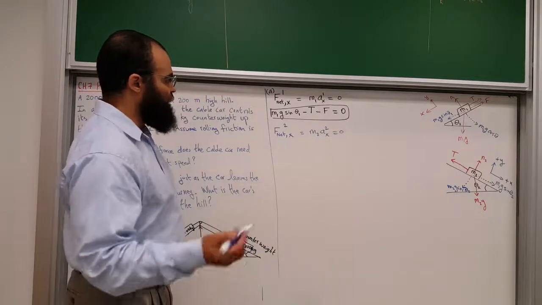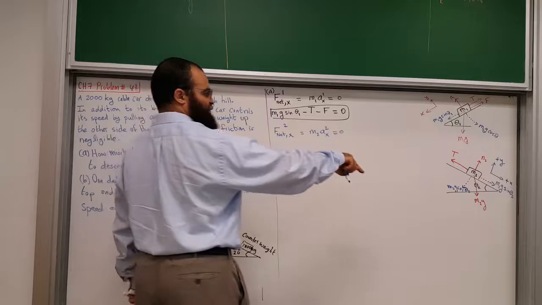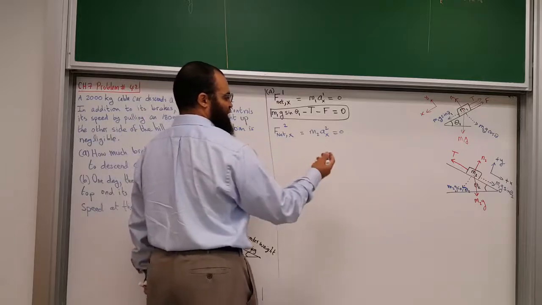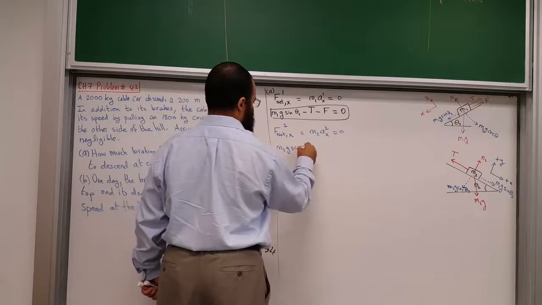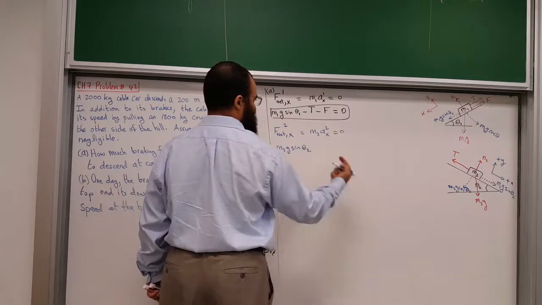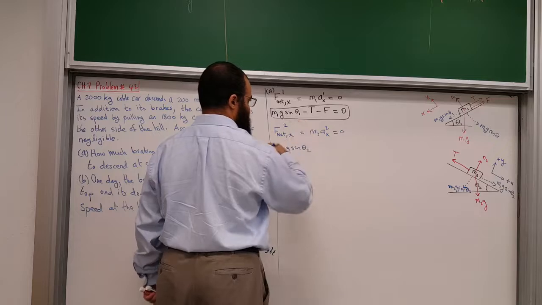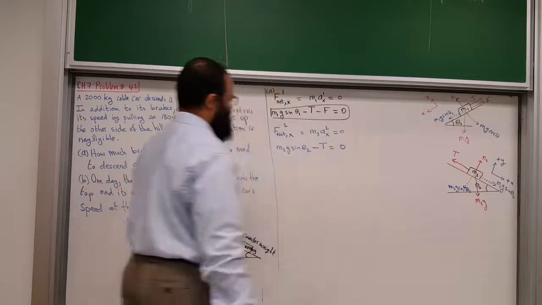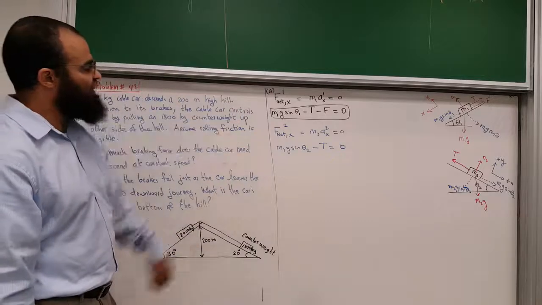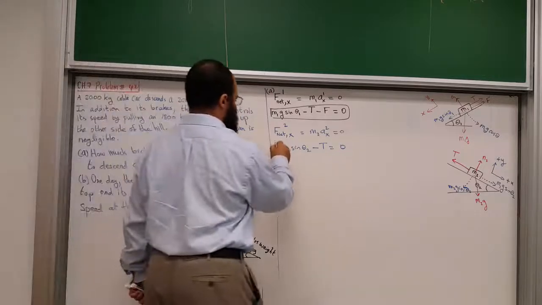Okay, so the positive x direction is down the incline, so m2g sine theta 2, that's positive. And then the tension is up the incline, but that's the opposite of the positive x direction, so that's minus T equal to 0. There is no acceleration. So this is my second equation.